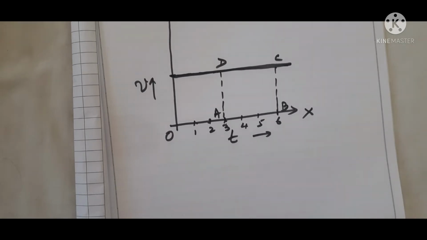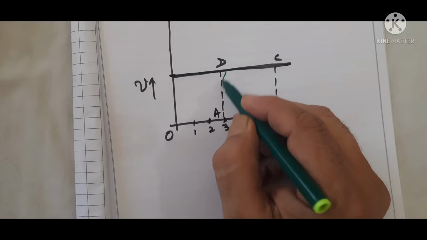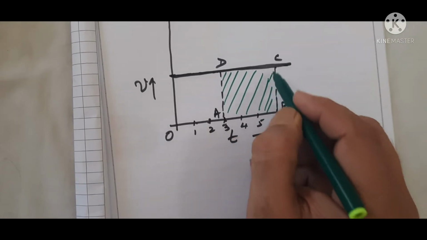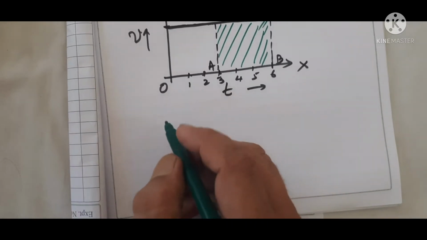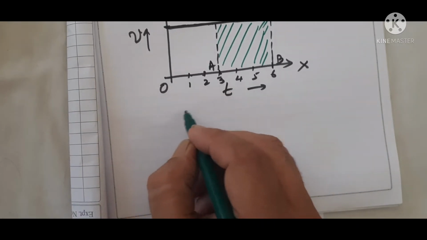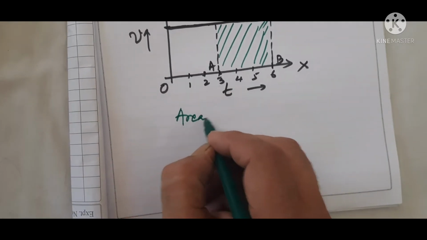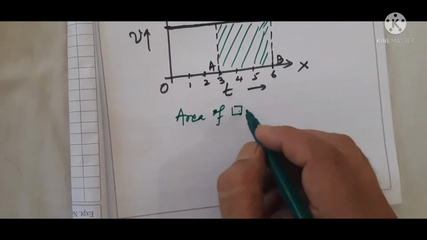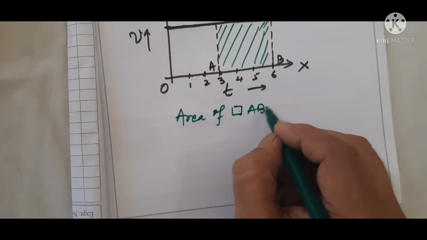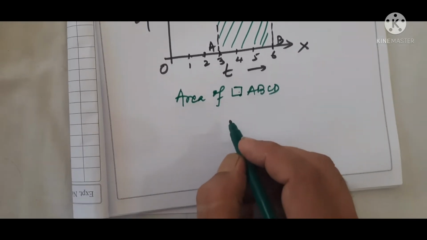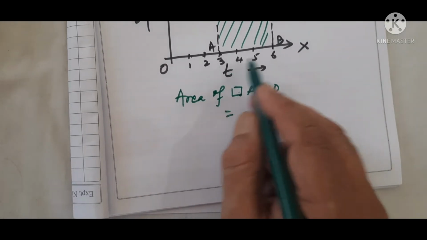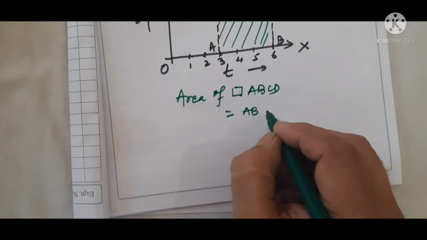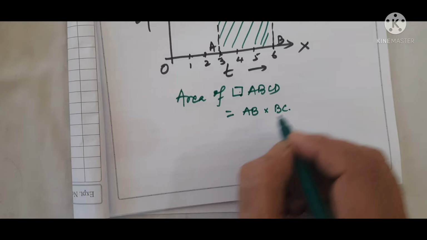In this particular rectangle, if you are going to find out the area under the graph, what will happen? If you find the area of rectangle A, B, C, D, then it is length into breadth, say AB into BC.